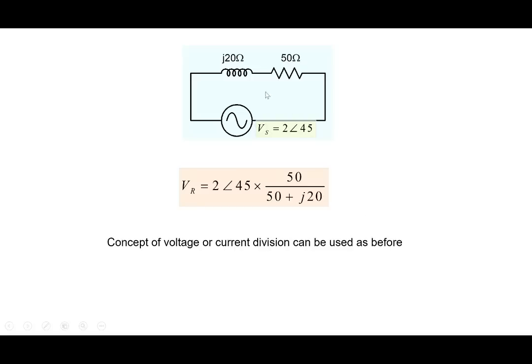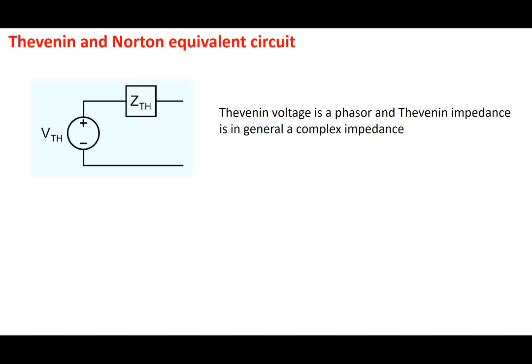We have a linear circuit. The only thing is we are talking in terms of phasors, and the relationship between the phasor current and the phasor voltage is all a linear relationship. So all those things that we studied are all valid. Thevenin's and Norton's equivalent circuits, we can do all of that, except that now note that this would be a phasor voltage and this would be some complex impedance. In general, it would be made up of resistors, capacitors, inductors. Capacitors and inductors have an imaginary component, so in general this would be a complex impedance.